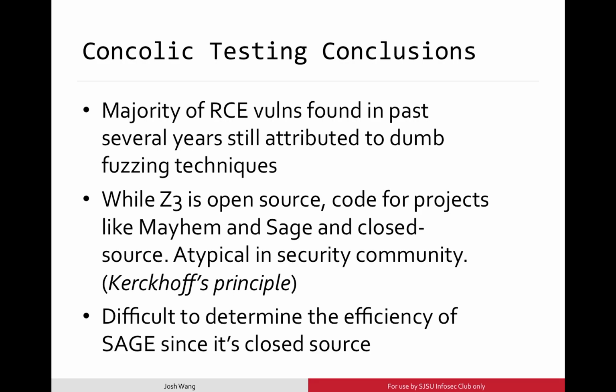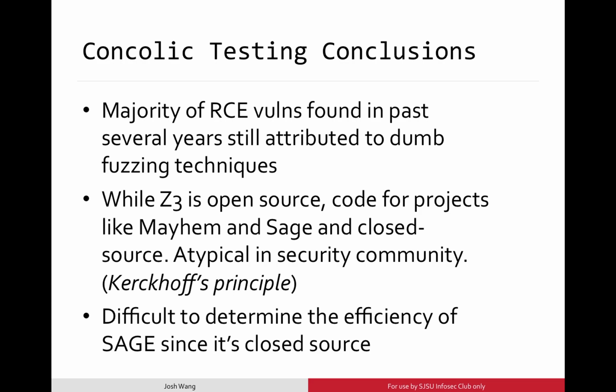Oh, okay, so basically, a lot of comparisons between concolic testing frameworks like Sage and traditional, more established fuzzing techniques like Peach, for example, a dumb fuzzer, a lot of the times when they make these comparisons, it's for bugs that have already been established or already been found.